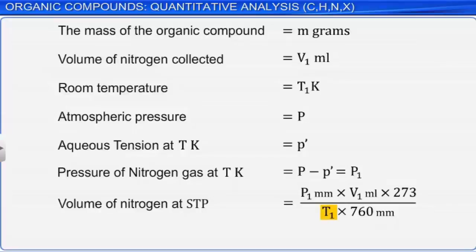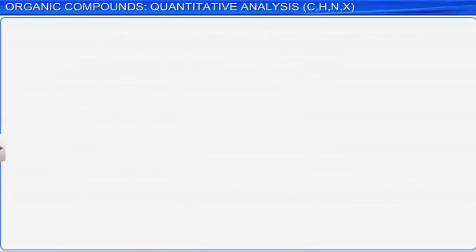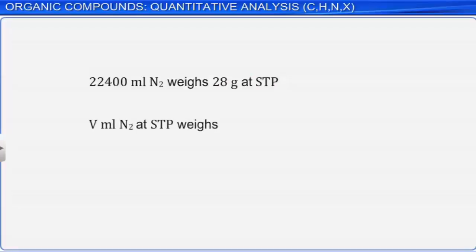Let's assume that the resultant volume is V ml. As we know, 22,400 ml of nitrogen weigh 28 grams at STP. Therefore, V ml nitrogen at STP weighs 28 multiplied by V ml divided by 22,400 ml.